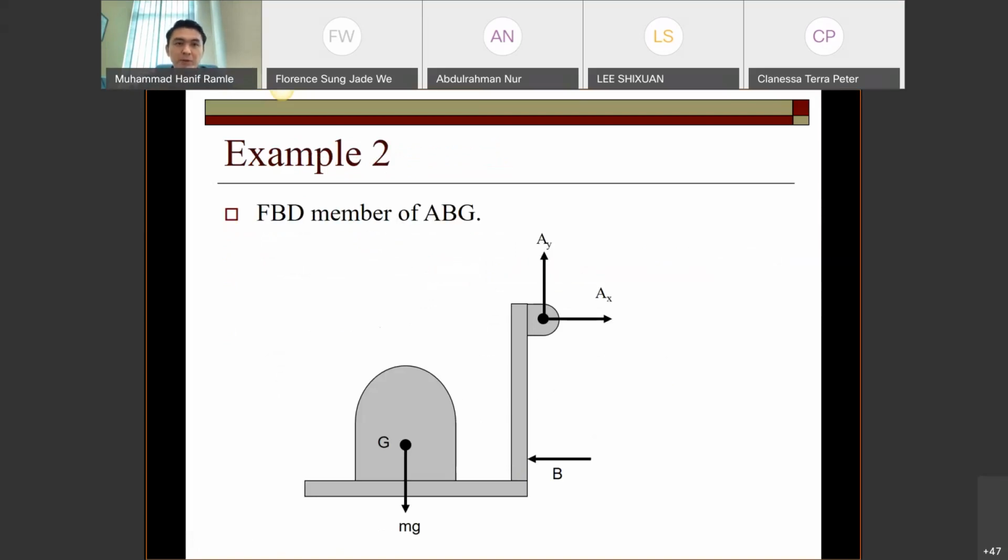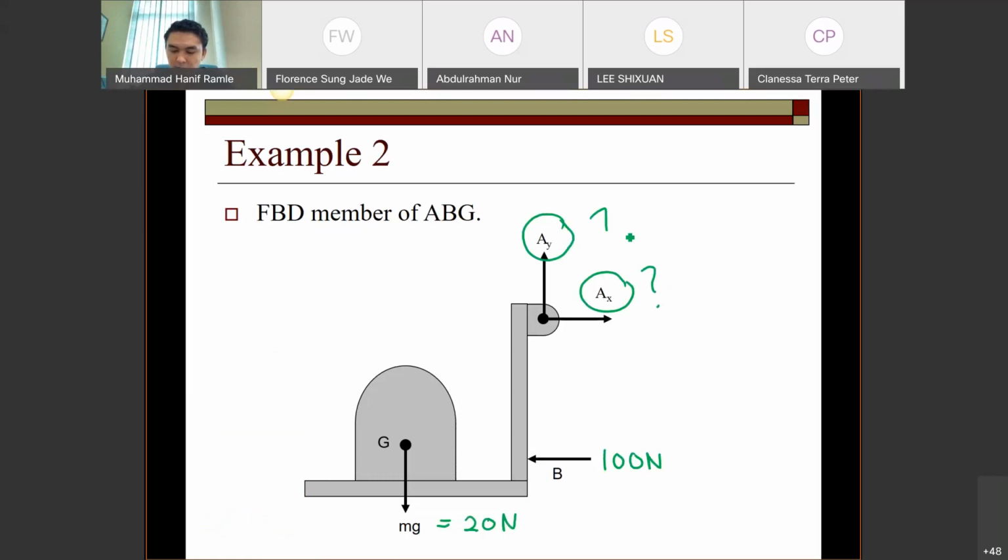Once you have the FBD, and maybe the question is giving you the known values, let's say AB equal to 100 Newton, mg equal to maybe 20 Newton, for example. And then a question asking you to find AY and AX.